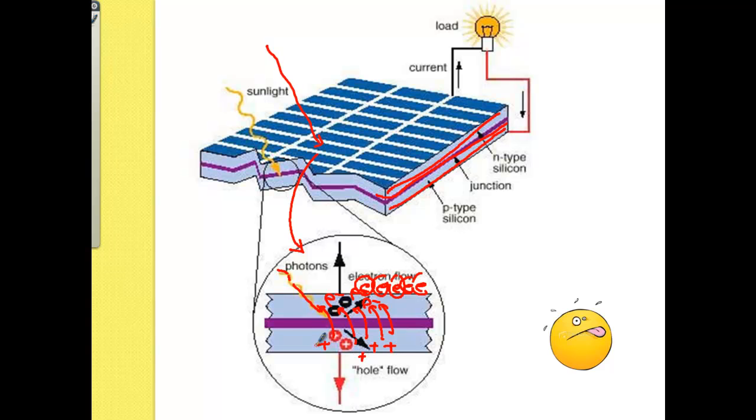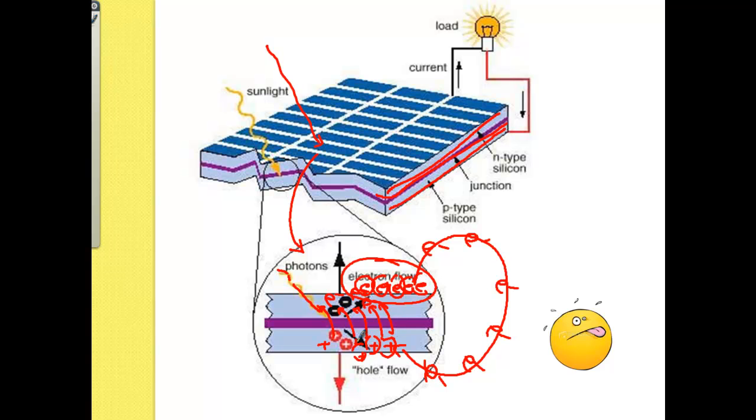So how can you neutralize that? Well, it's very simple. Here are the negative charges. All we need to do is take a wire and connect it to the bottom layer, allowing a conductor to transport these electrons from one side of the solar cell to the other. They can then fill in and neutralize this area.